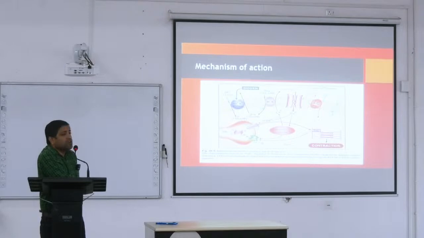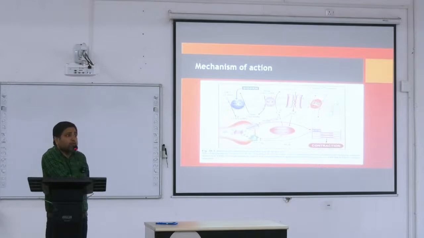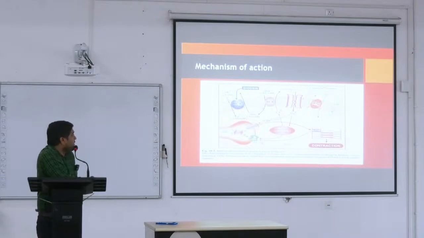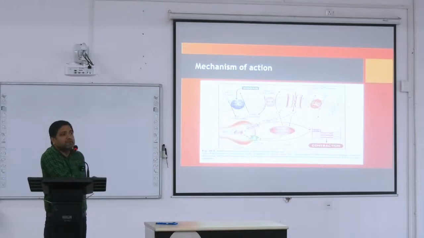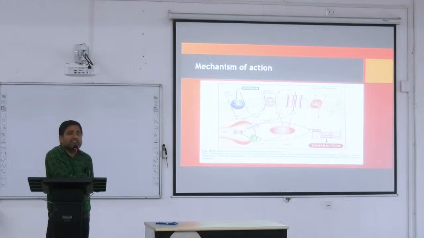Now when the contraction occurs, this calcium is released by the ryanodine receptor 2 calcium activated calcium channel, and there is influx of calcium during contraction from the L type calcium channel, and due to increased concentration of calcium, the contraction is facilitated.